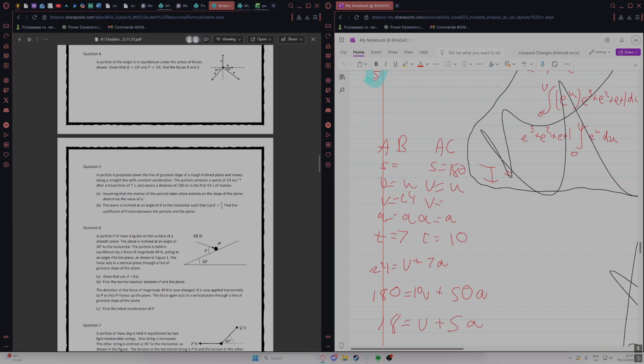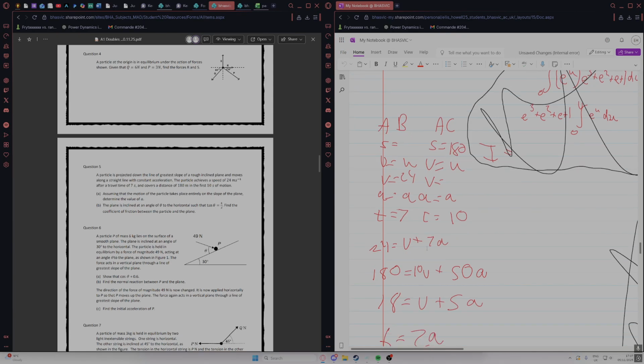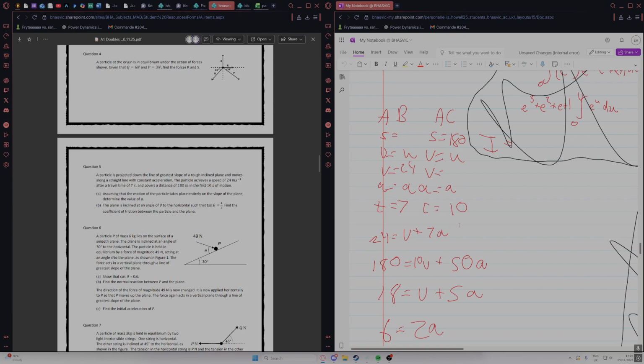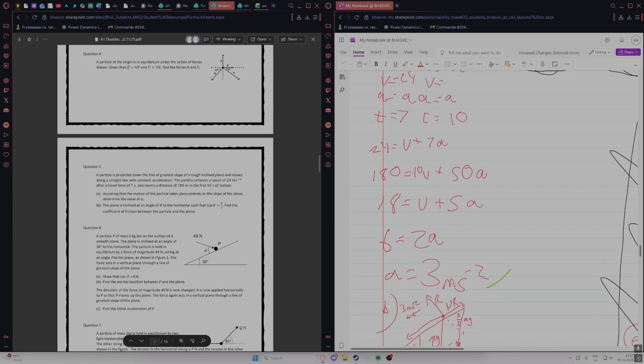So it tells you that in 10 seconds it's got 180 meters, and after 7 seconds it's at 24 meters per second. You know that the acceleration and the initial velocity are the same because it starts from the same point and it's a constant acceleration. So you can just do an equation with both of these and then solve simultaneously for acceleration and initial velocity.